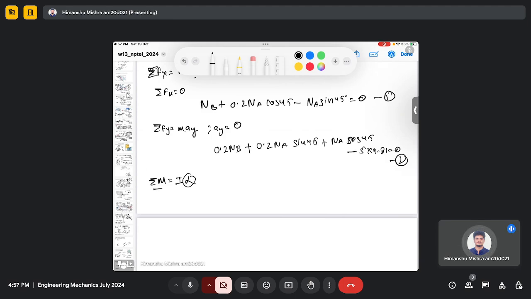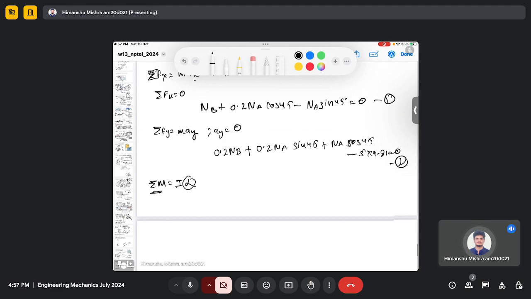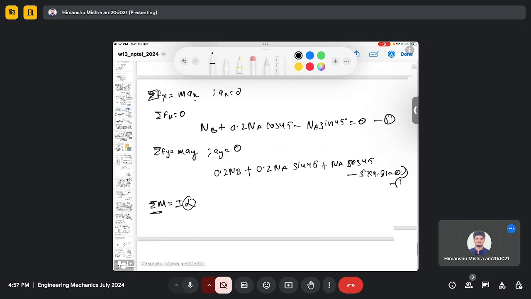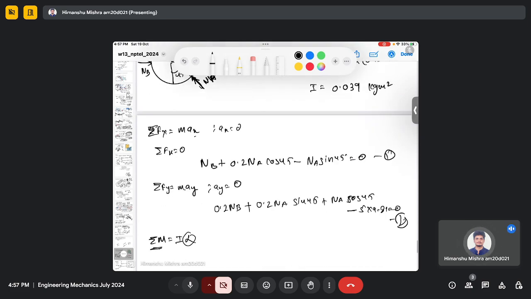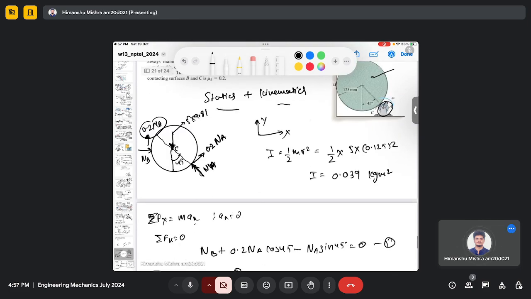So the summation of moments will be due to the forces 0.2 NA, this 0.2 NA. Here I have taken the moment about point O. There will be a moment due to this force 0.2 NB, and a moment due to 0.2 NA. That's it, these two forces only will create a moment about point O.